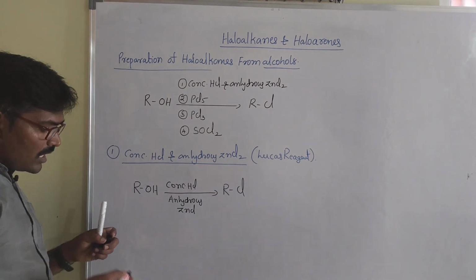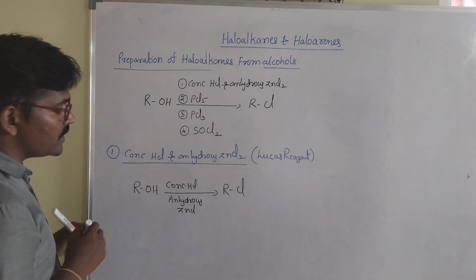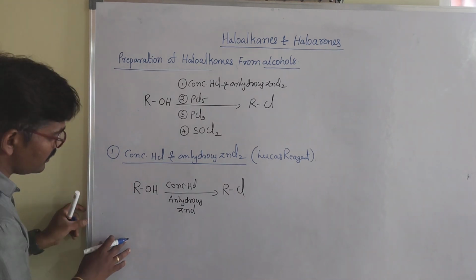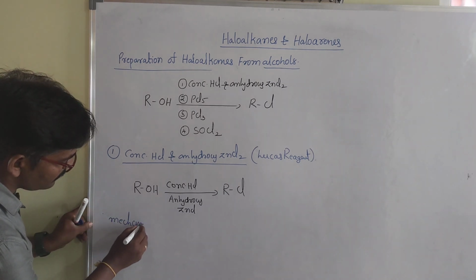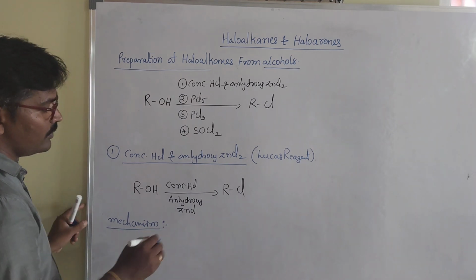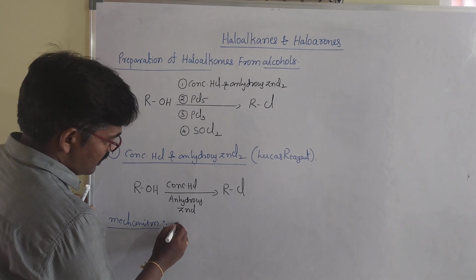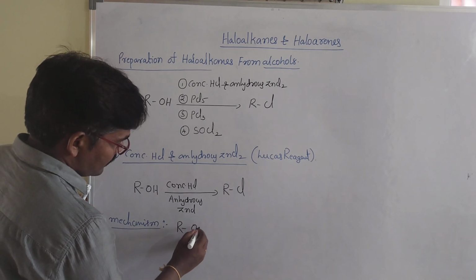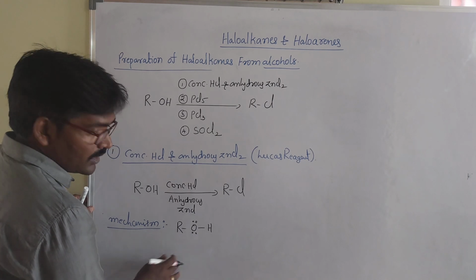How the conversion happens, we have to explain in the mechanism. Observe it in the mechanism. First, alcohol is there, R-OH. We know that on the oxygen atom, two lone pairs of electrons are there.